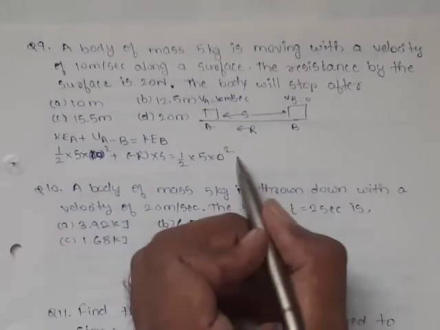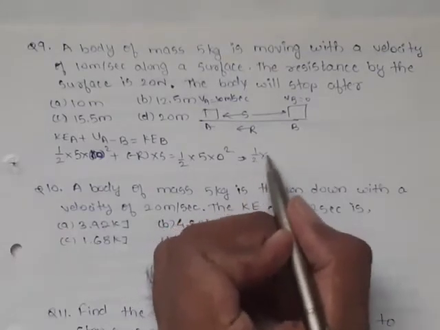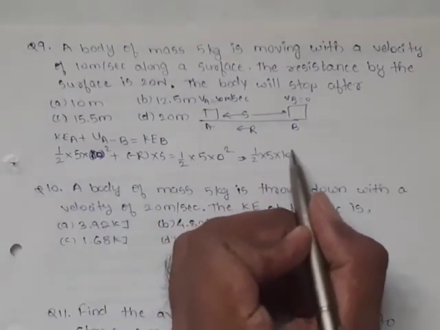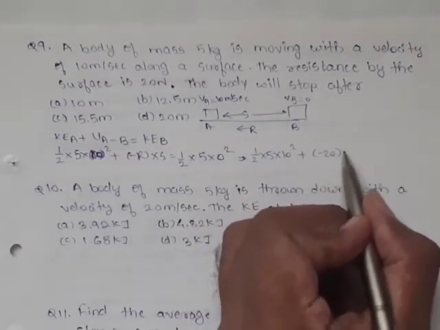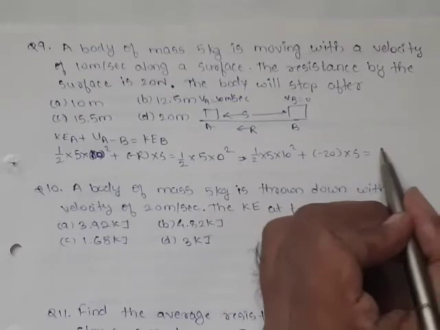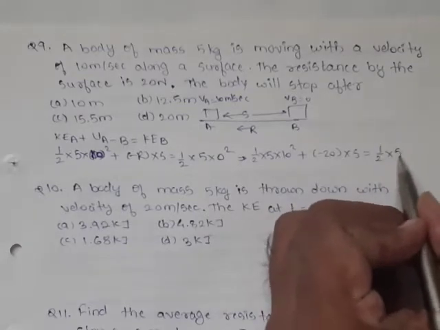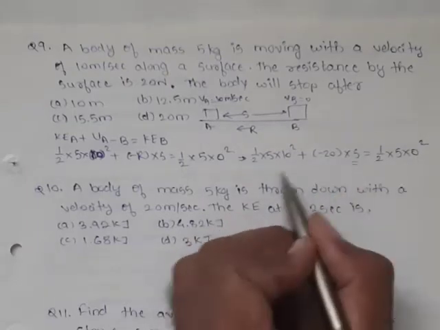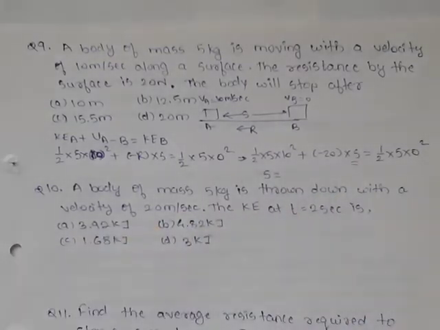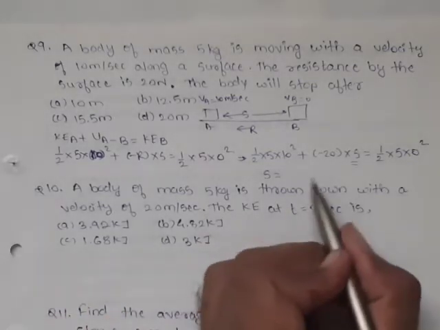We'll write down again: 1/2 into mass 5, velocity 10 square, resisting force minus 20. We want the displacement S equals 1/2 into 5, and finally velocity has become equal to 0. We want this S. What is the displacement? So the body will stop after the value of S, which comes to be 12.5 meters.